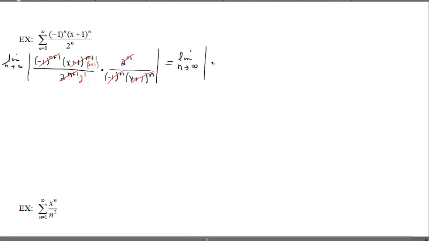All right, let's clean this up. All that remains on top is x plus 1. And all that remains in the denominator is 2. Okay, I'm going to go ahead and pull out the quantity x plus 1.